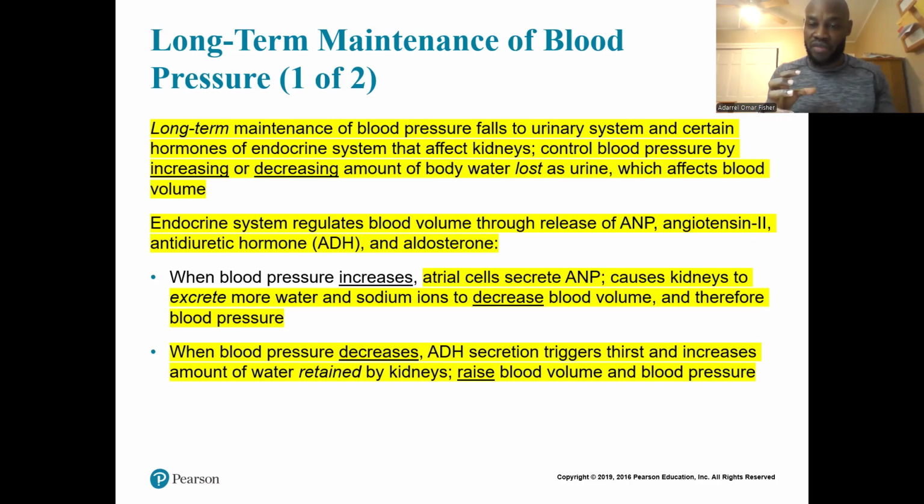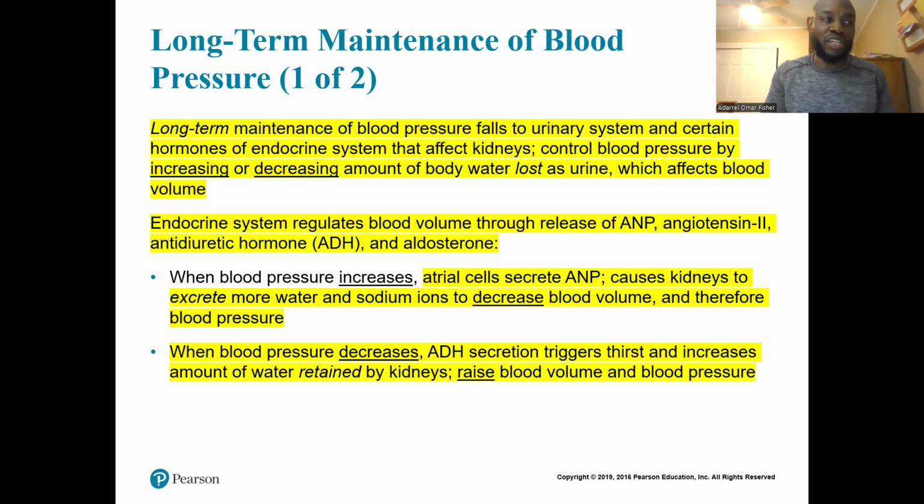The less water you have in your blood, the less pressure you'll have. So your kidneys, your urinary system, can control your blood pressure by controlling the amount of water that is in your blood. If we need the blood pressure to go up, it won't let as much water come out in your urine. If you need the blood pressure to go down, more water can come out.